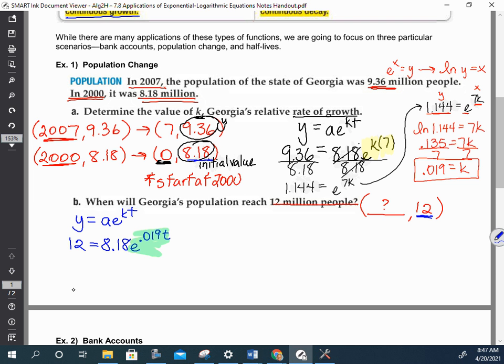So what are we going to do with 8.18? We divide that out. Let the calculator do a little bit of work. 1.467.